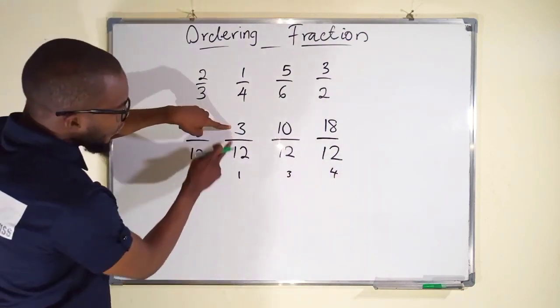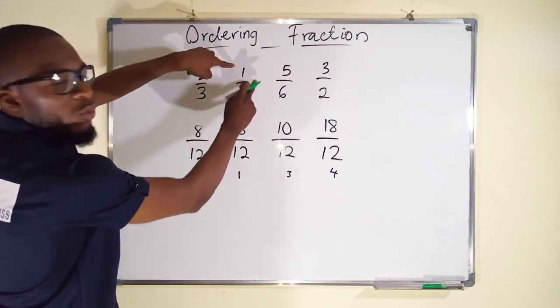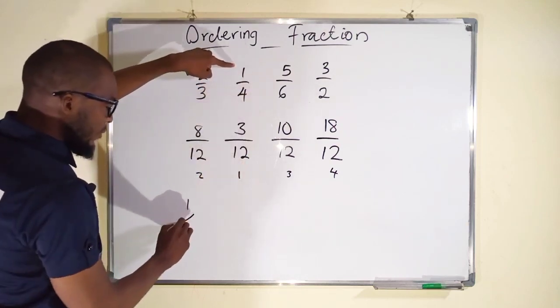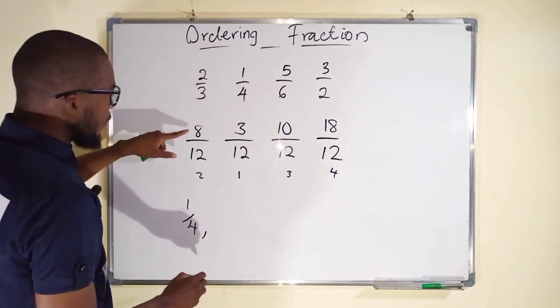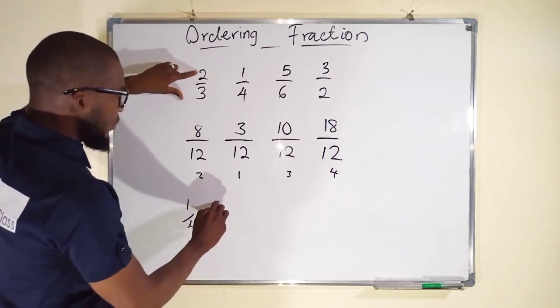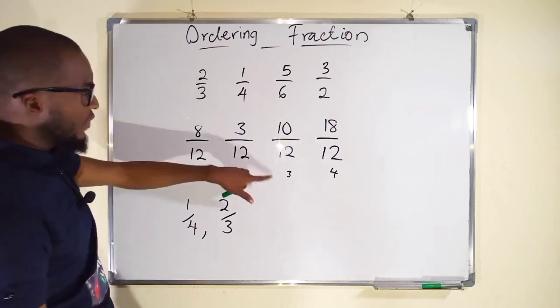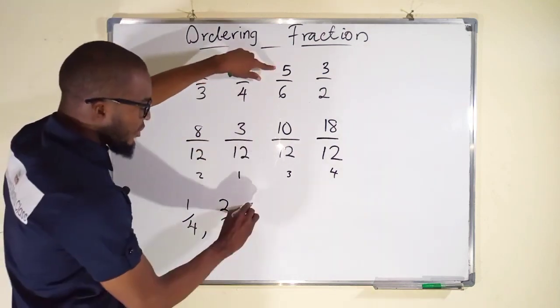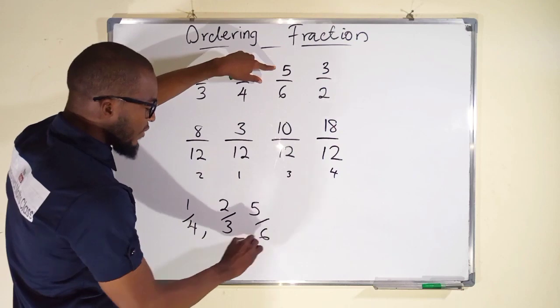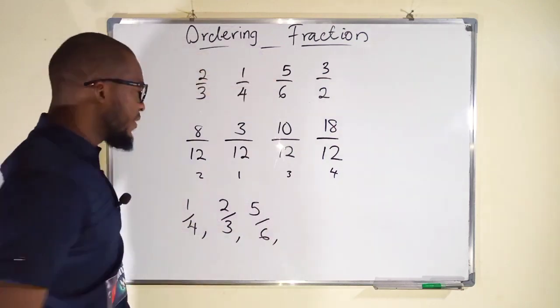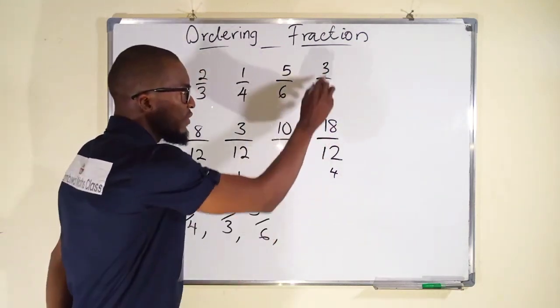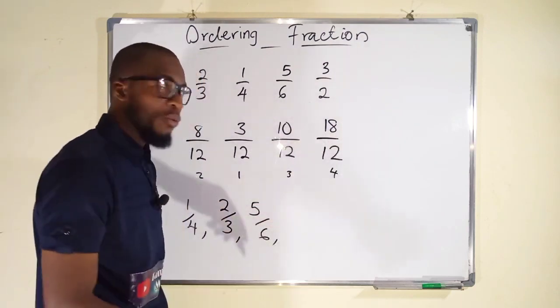But you can see 3 over 12 is the same as 1 over 4. So we write 1 over 4 first, followed by 8 over 12, which is 2 over 3. Then we move to 10 over 12, which is the same thing as 5 over 6. And lastly, we have 3 over 2, which is the same thing as 18 over 12.